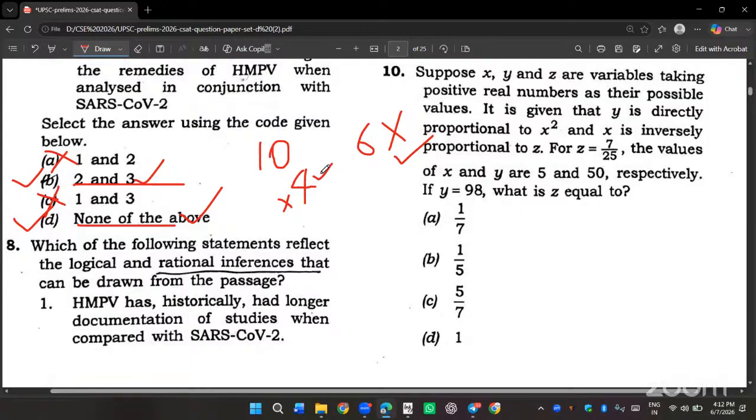Anyway, 6 wrong, 4 correct. You will get 4 marks for 6 questions. 2 marks will be deducted. So if you deduct this 2 marks from this, then you will get positive 2 marks, even after deducting negative marks.